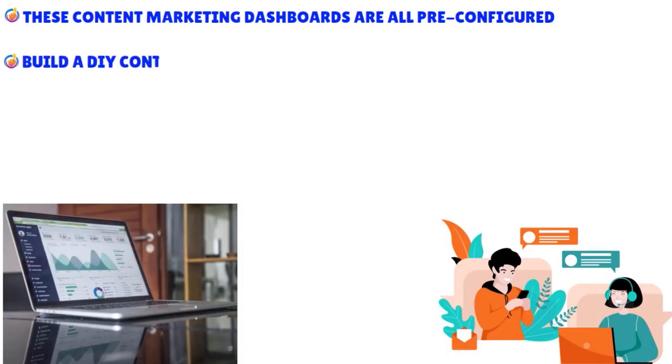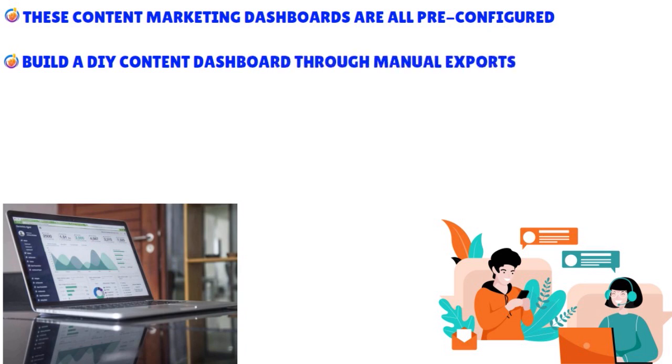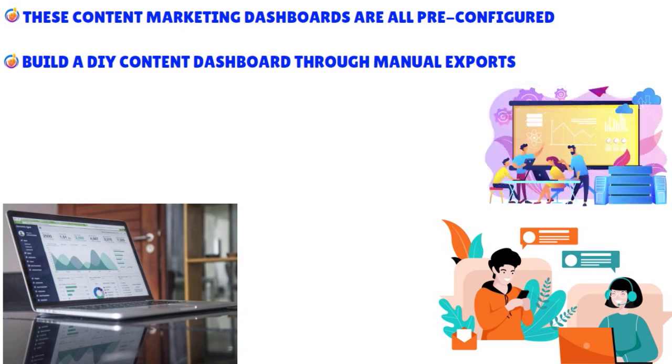The last way to build a content marketing dashboard this year is to build a DIY content dashboard through manual exports. Now, this option will take the longest time to create because you will have to manually extract and update the content marketing data within your dashboard. But that being said, it's a low-cost option and gives you a lot of flexibility to integrate custom data, that's for sure.